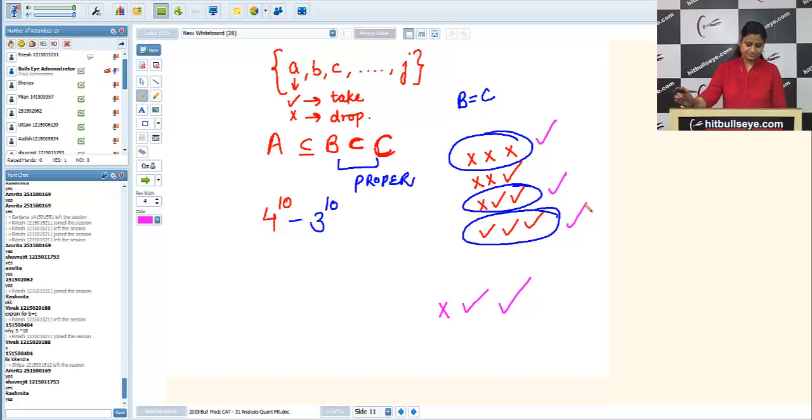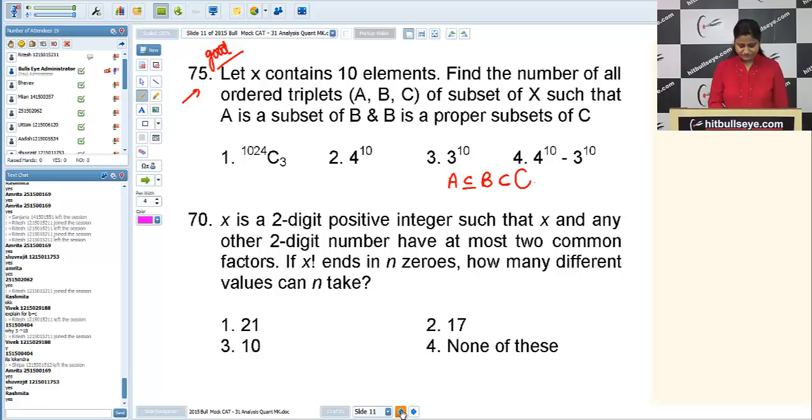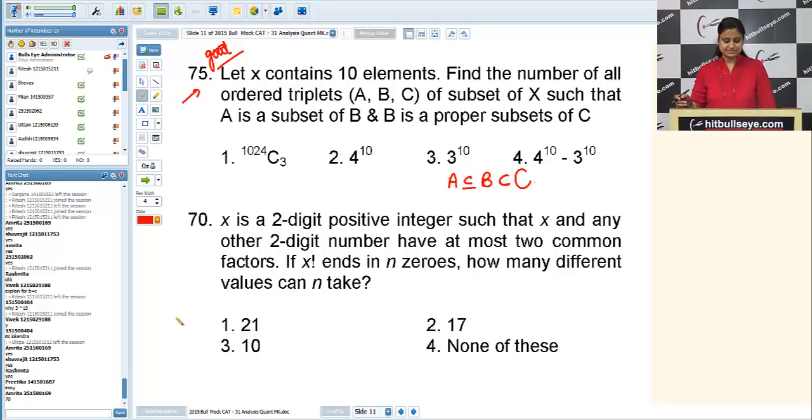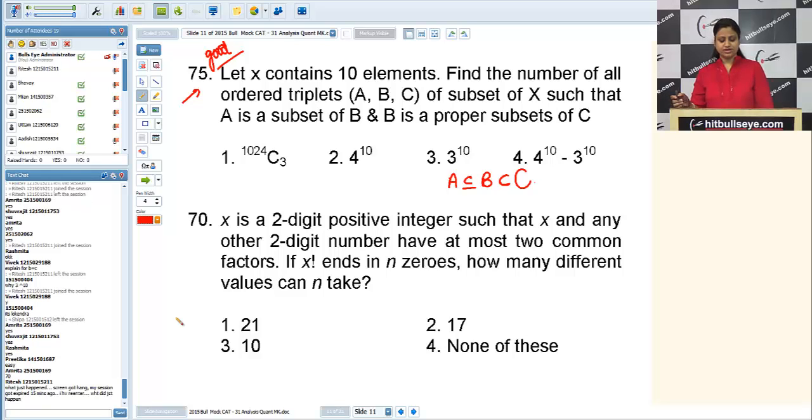Okay. Now let us move further. I think I'm left with one question. Yes. Question number 70th. Any problem in this? Okay, Amrita. Let us see. It says X is a 2-digit positive integer such that X and any other 2-digit number have at most 2 common factors. Can we say if I take, say, 13, the factors of 13 are 1 and 13.